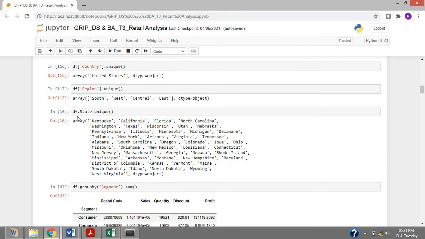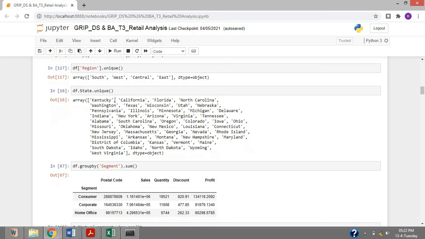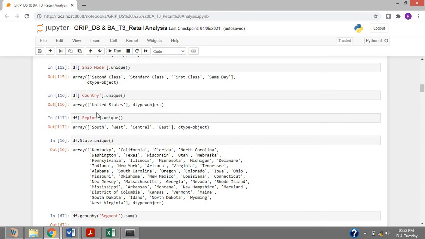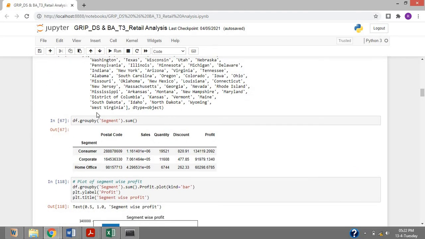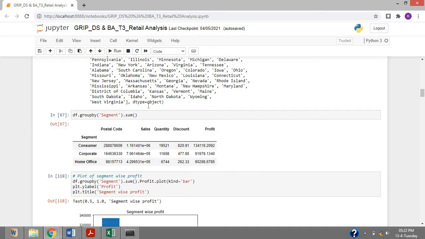Region captures which zone or region the recipient resides in. Next are the different states. So these are the different categorical columns. Now we will carry forward with the data analysis part.